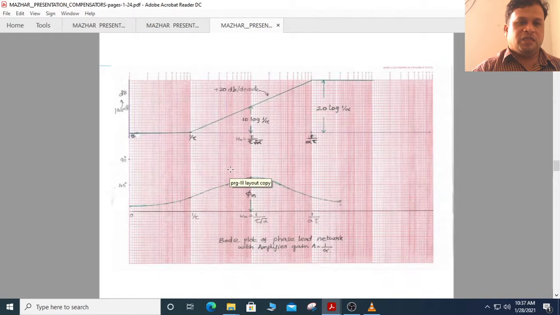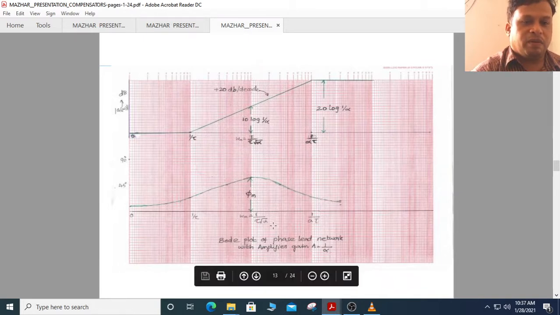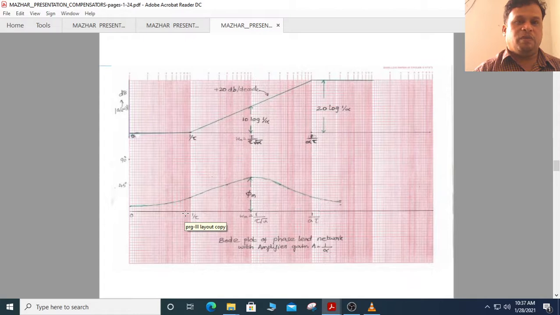After realization we draw the graph like this, and we have to note where it is starting from: 1 by tau, 1 by tau root alpha and 1 by alpha tau. At 1 by alpha tau it is 20 log 1 by alpha, and at 1 by tau root alpha it is 1 by alpha, and at 1 by tau it is starting. In the same way, you can write A is equal to 1 by alpha, the amplifier gain.